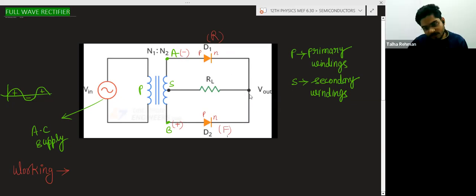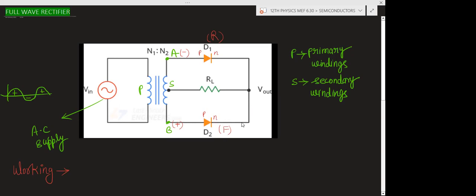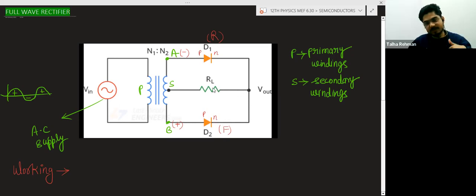This time you will get the current through diode D2. The current will pass through D2 and then through the resistance, and again you are getting current across the resistance, which means again you are getting the output. So during the positive half cycle you are getting the output, and during the negative cycle also you are getting the output.